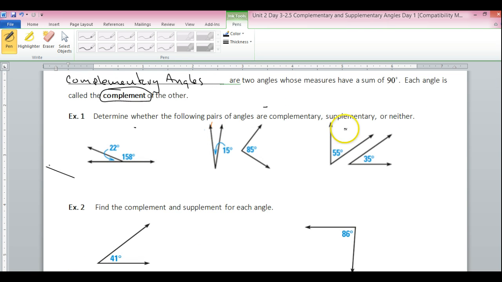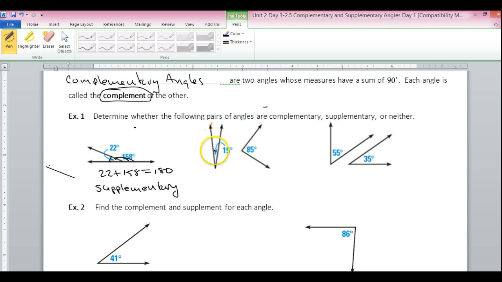So when we look at this, it says determine whether the following pairs of angles are complementary, supplementary, or neither. Looking at these two, using angle addition, 22 plus 158 adds up to 180, so these two angles would be supplementary.